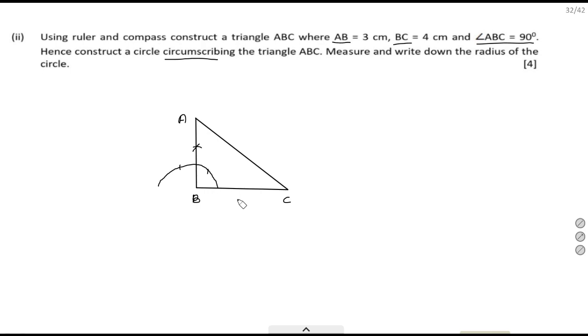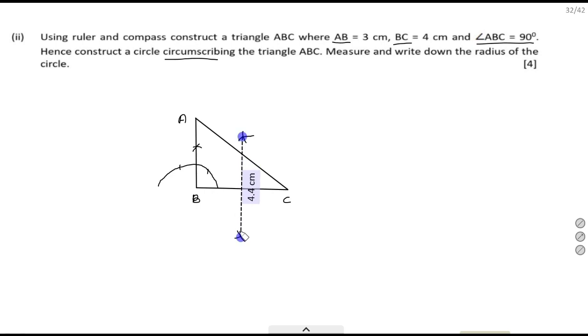तो चलिए ड्रॉ करते हैं perpendicular bisectors. Suppose we are drawing perpendicular bisector of BC and AB. For this, draw an arc from B and C. You will get perpendicular bisector of BC.